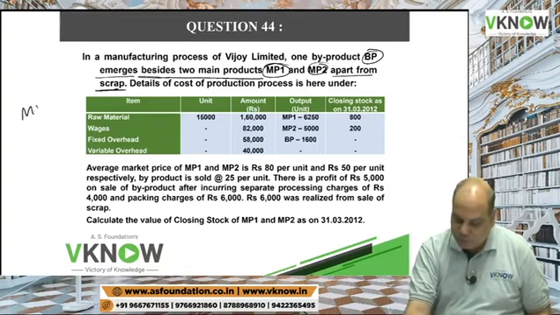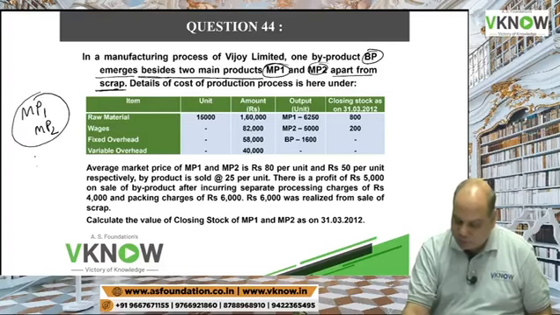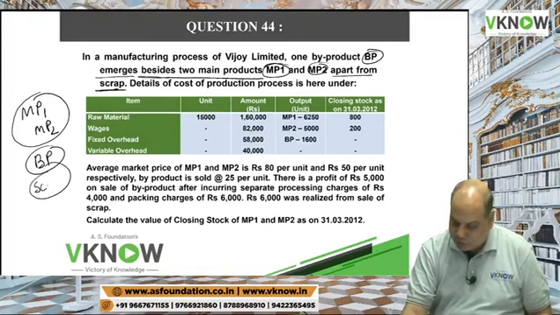So you have four items emerging from one process: main products 1 and 2, a byproduct, and scrap. Byproduct and scrap will be valued at NRV.